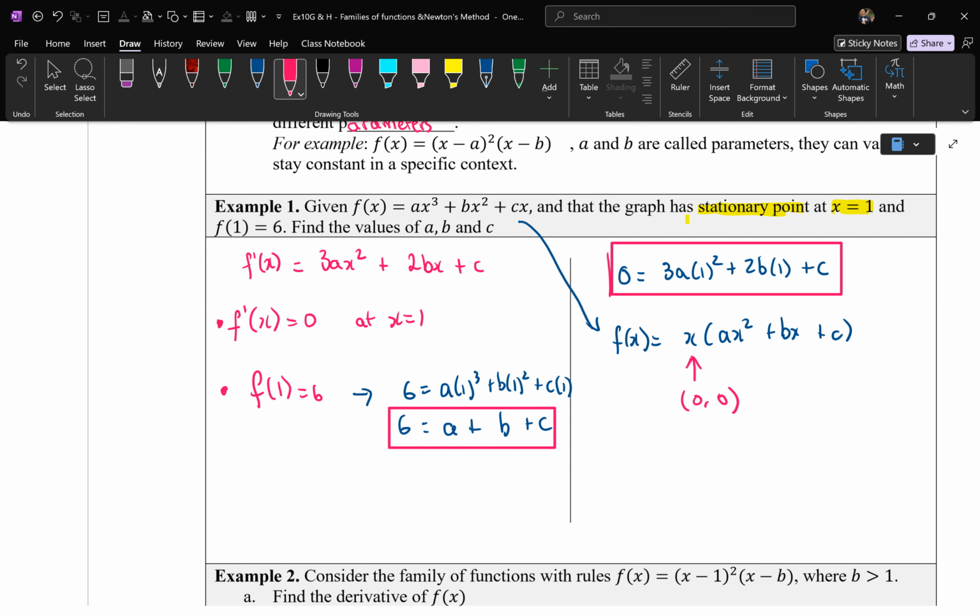We've got 6 equals a plus b plus c, and the other one was 0 is equal to 3a plus 2b plus c. And we've also got, wait, c equal to 0? No, c doesn't equal 0.